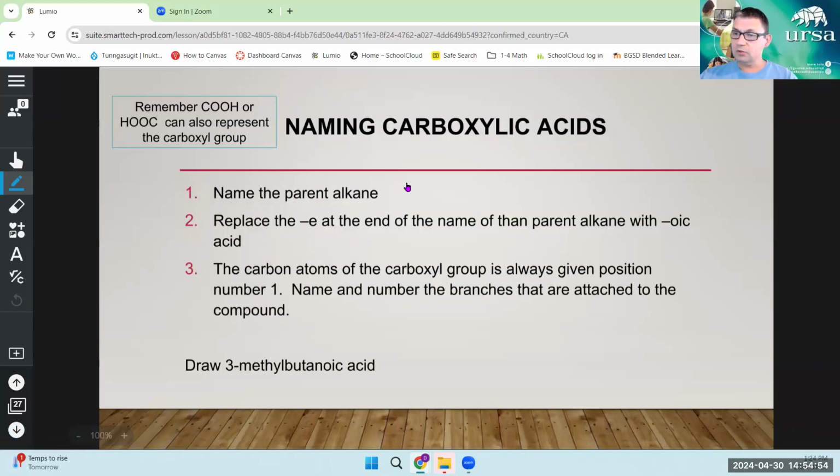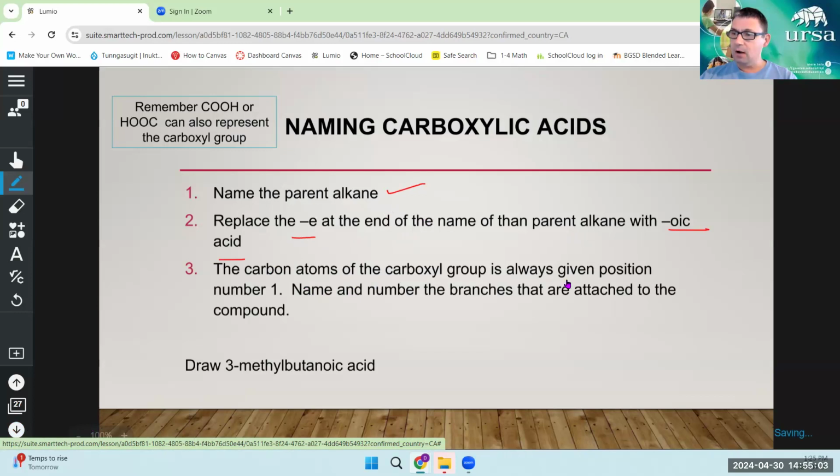So in naming them, we start with the parent alkane. We replace the e with the name oic acid. And the carboxyl carbon is always given priority number 1. So to draw 3-methylbutanoic acid, we start with butane, 1, 2, 3, 4. 4 carbons of butane.